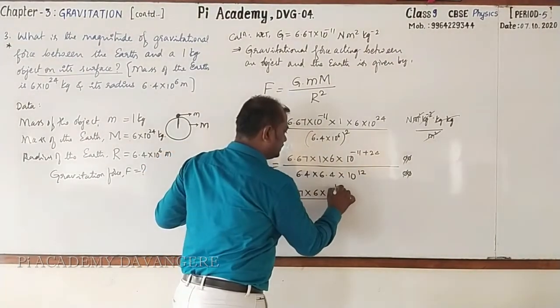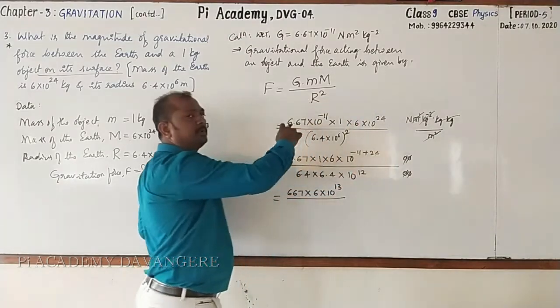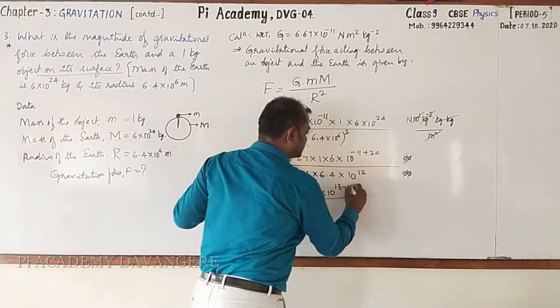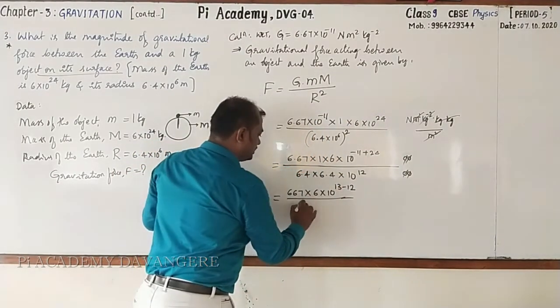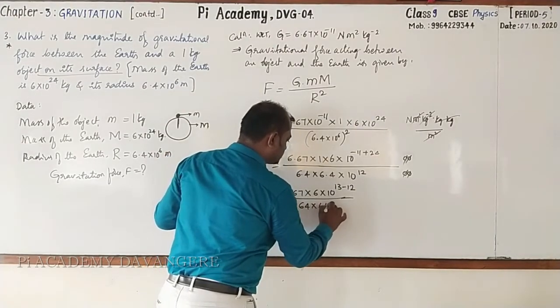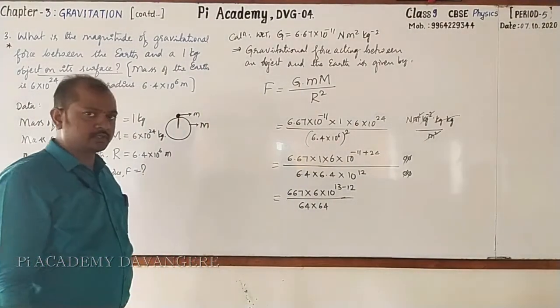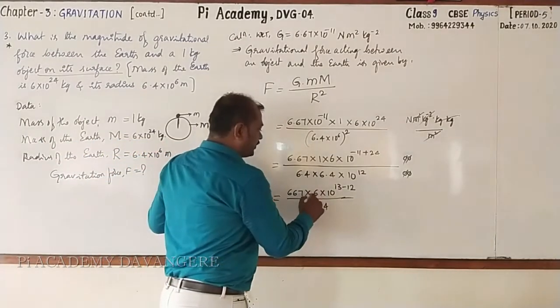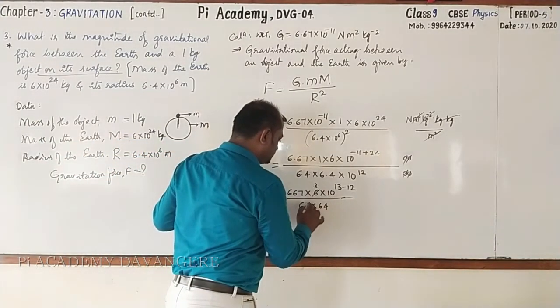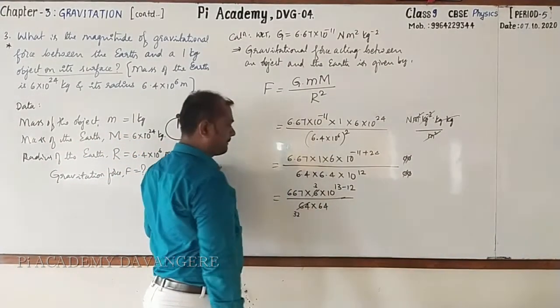This is 13. Take 10 raised to the power 12 to the numerator. It becomes minus 12, whole divided by 64 into 64. Understood? Now go for cancellation. 2 3s are 2 3s are 2s are.